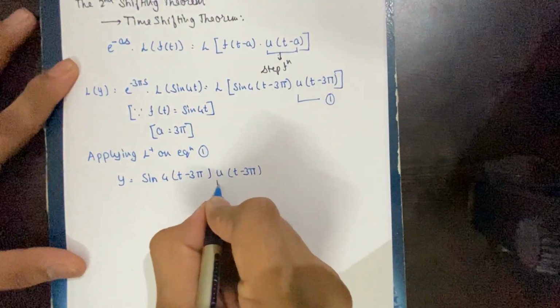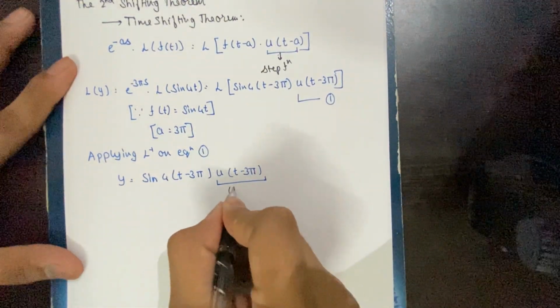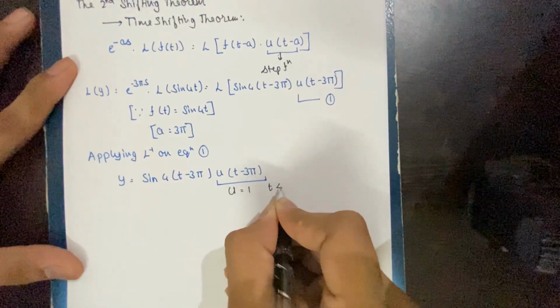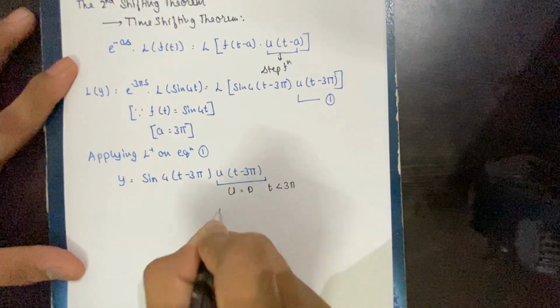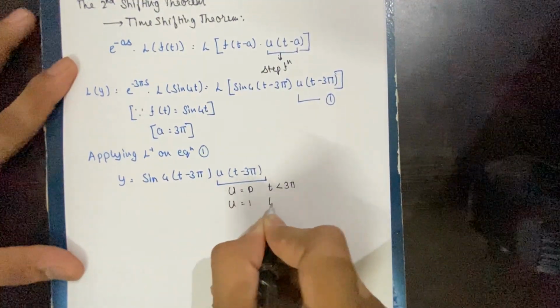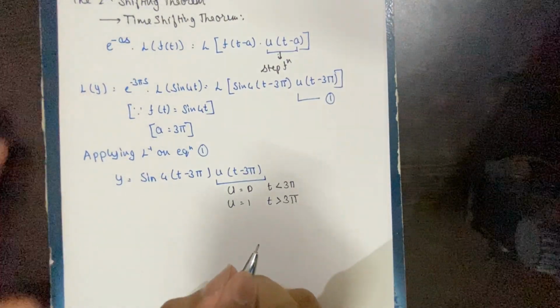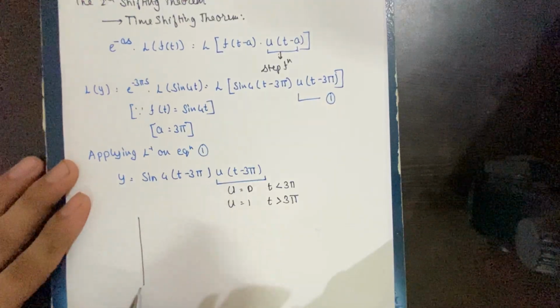Now for this, u is equal to 0 when t is less than 3 pi, and u is equal to 1 for t greater than 3 pi. So when we draw a graph now, let's draw a graph.